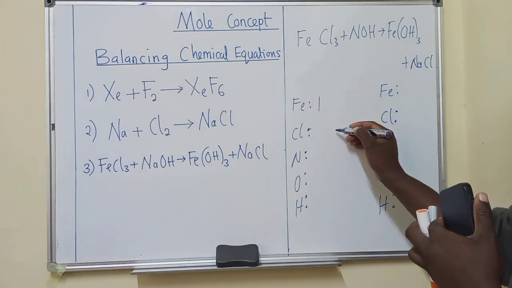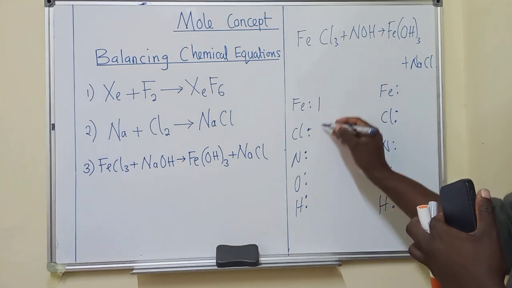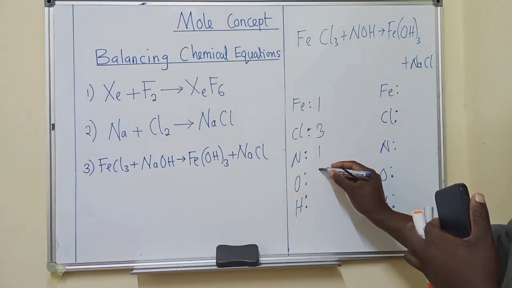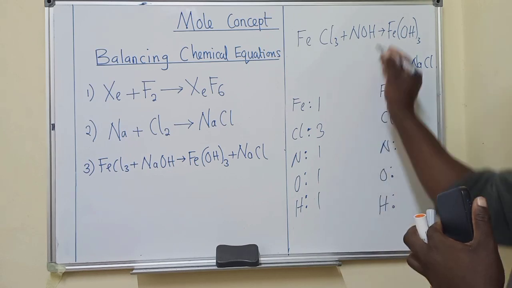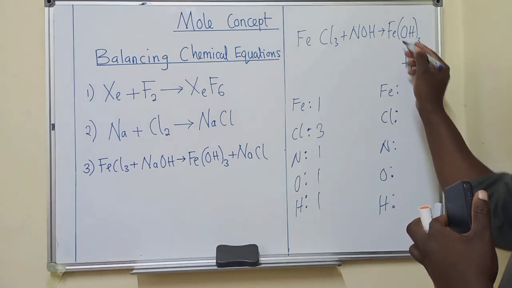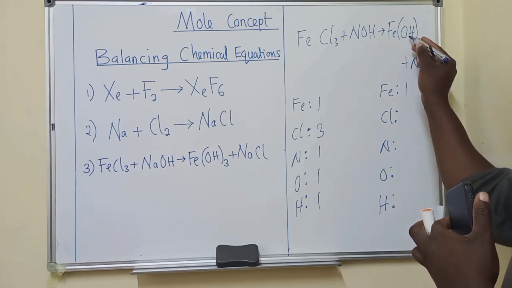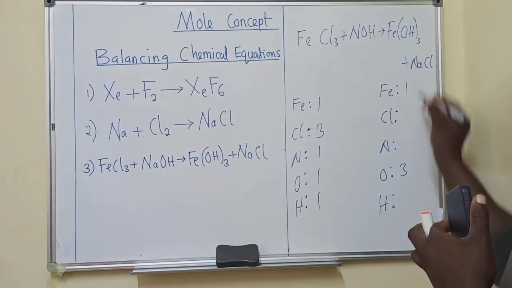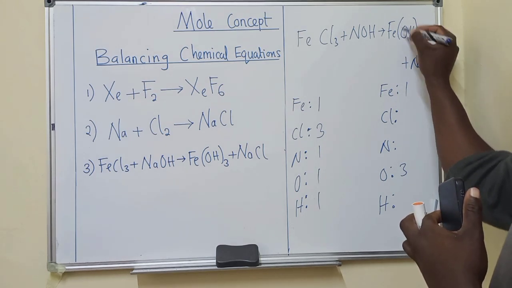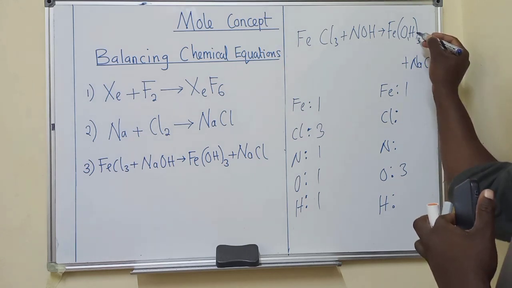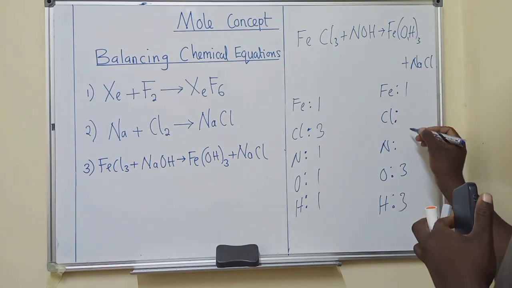Here Fe is 1. For chlorine we have 3. For sodium it's 1, oxygen is 1, hydrogen is 1. On the other side Fe is 1. Oxygen, we need to be very careful: it's 3, because of the brackets, you multiply by the number outside the bracket. Hydrogen is also 3.